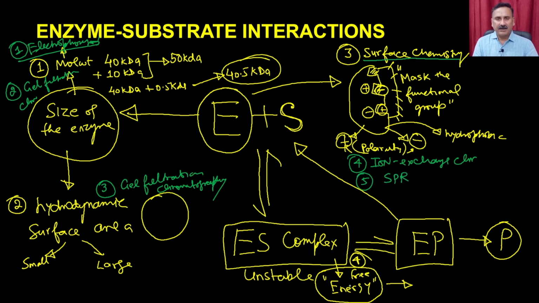And when you are expecting that there will be a change in the free energy, you can use many types of techniques, but what we are going to discuss in this particular course is isothermal calorimetry, because you can measure the energy of the complex, you can measure the energy of the free enzyme, and if there is a change, you can say that the enzyme is interacting with the substrate. So let's discuss how we can exploit some of these techniques for studying enzyme and substrate interactions.